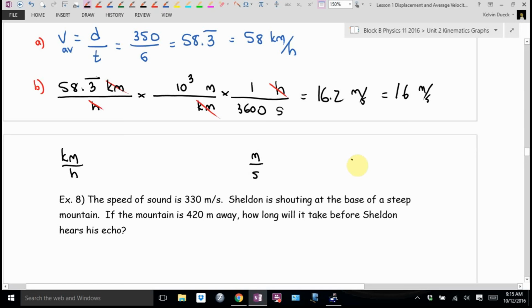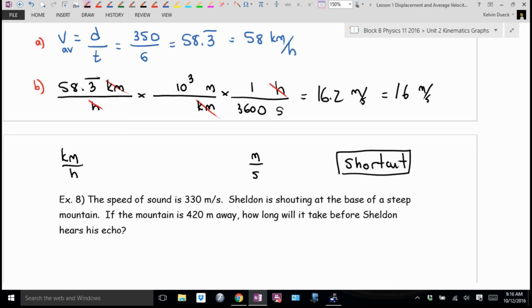And then over here you can write the word shortcut. We're going to add this to our formula sheet in a second too, but don't do that yet. Just put this on the page first. I want to show you how it looks so that we do it right on our formula sheet and don't make mistakes. To go from kilometers per hour to meters per second, it's divide by 3.6.